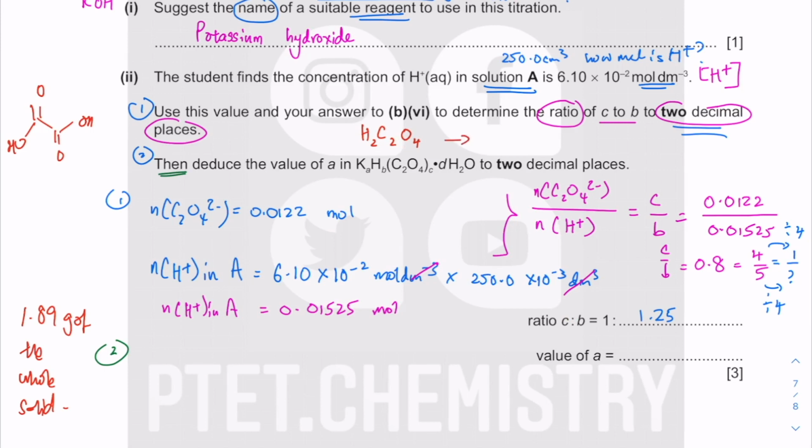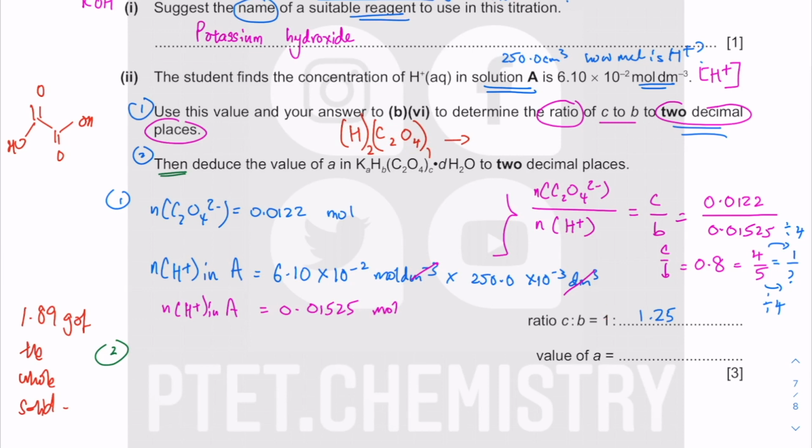Okay, so now previously you have this thing here. What would happen is this is originally like this, meaning to say for one C2O4, originally you have 2 hydrogen.